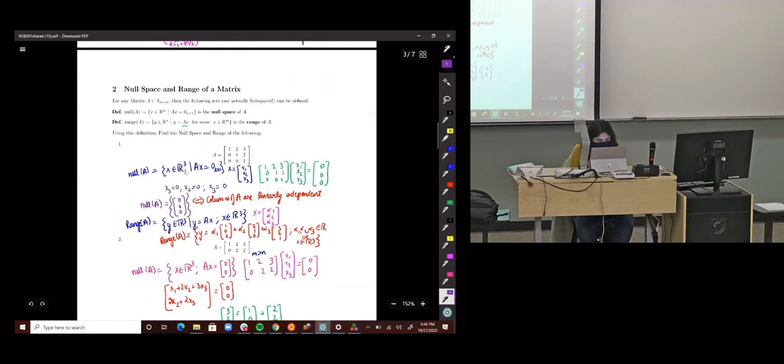So all columns of A were linearly independent, and we can basically say that the range of A is alpha 1, 1, 0, 0, alpha 2, and alpha 3.